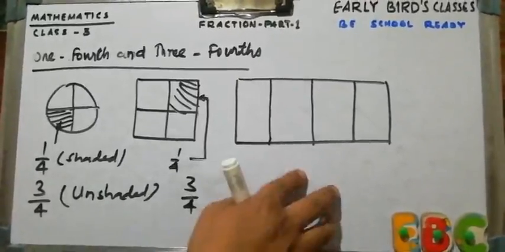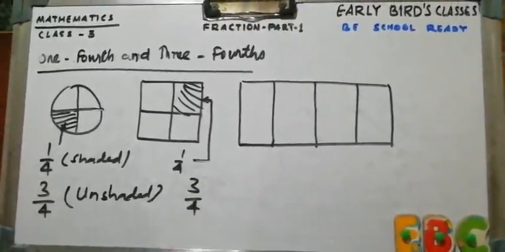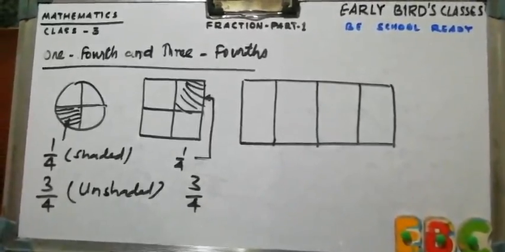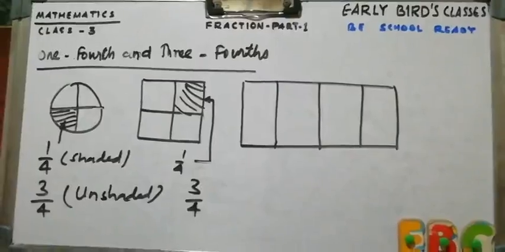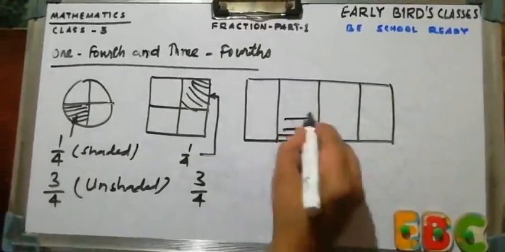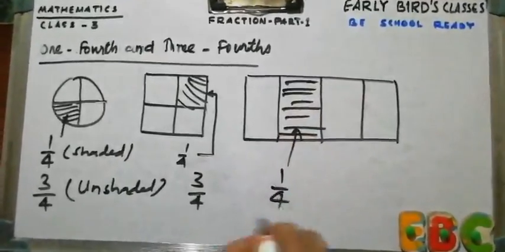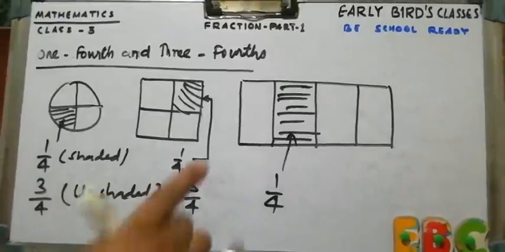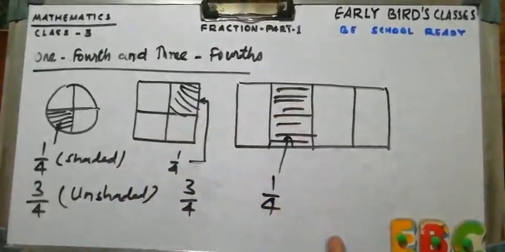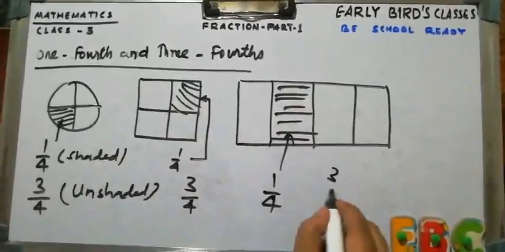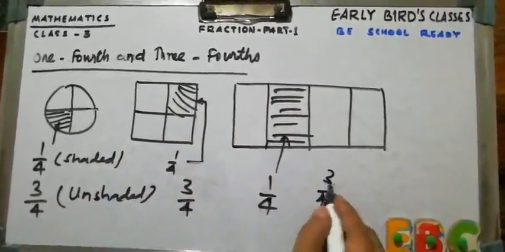Now this is rectangle. This is also divided into 4 equal parts, right? Suppose this one is shaded, so it will be 1/4 and remaining unshaded part will be 3/4, right?